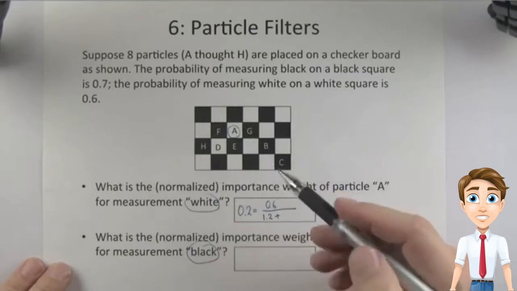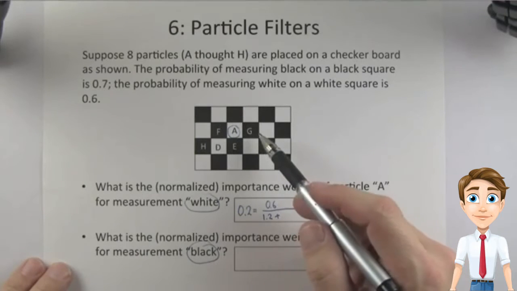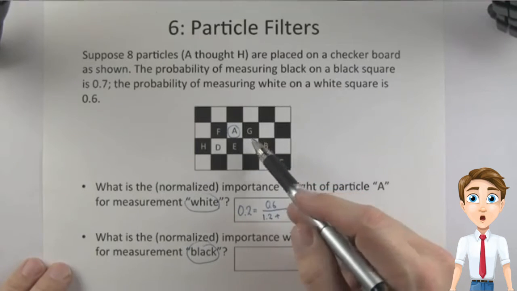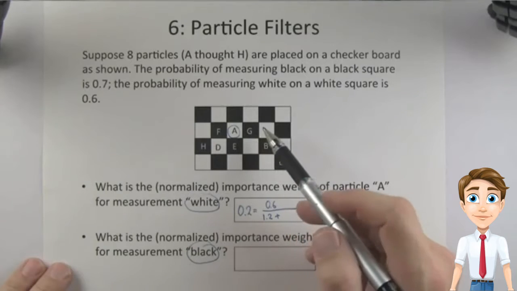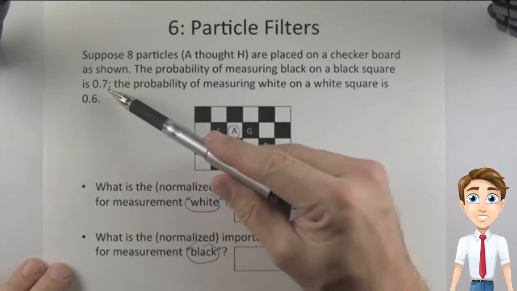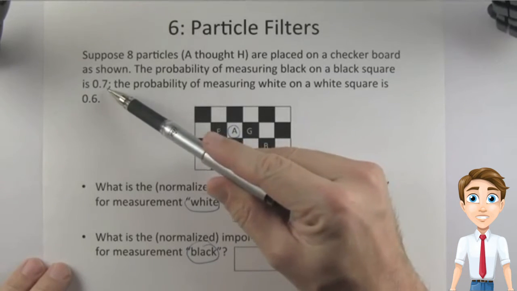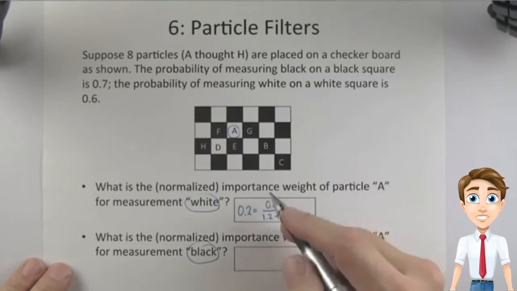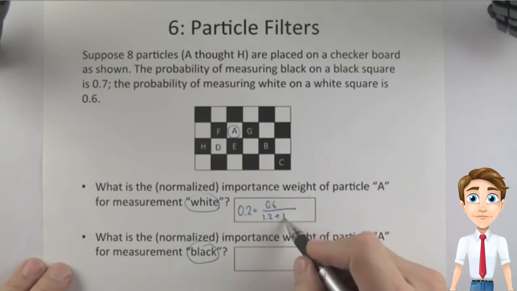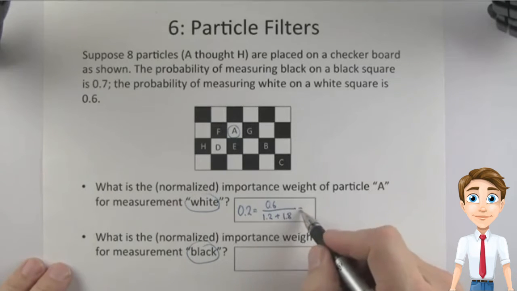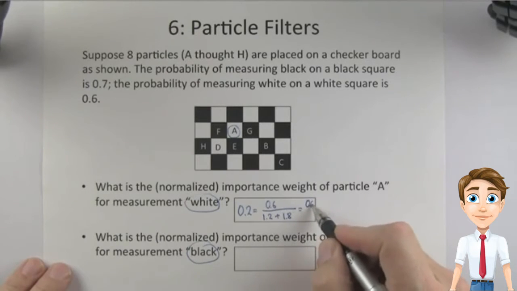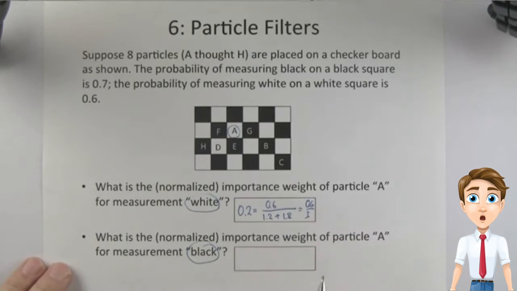And all the other 6 particles have to get a non-normalized importance weight that is 0.3, which is 1 minus 0.7. So 6 times 0.3 is 1.8. So the normalizer in total will be 3. And 0.6 divided by 3 equals 0.2.